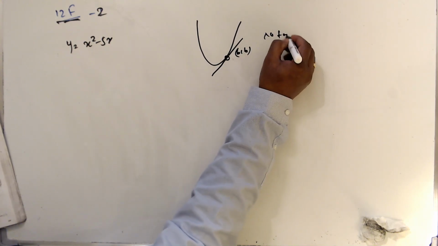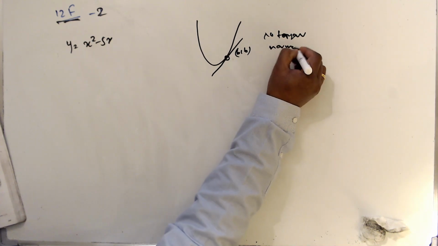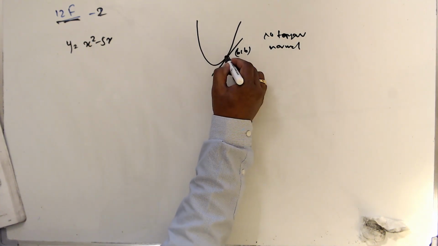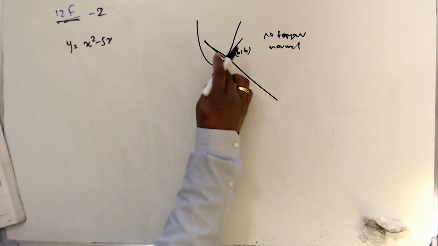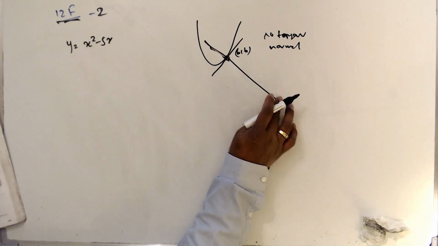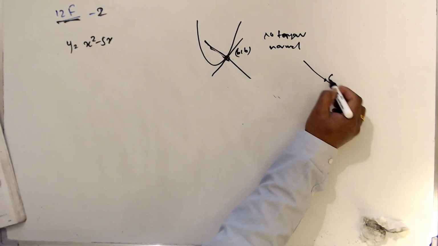No tangent. We need the normal. Normal means normal through this point. So we know a point.